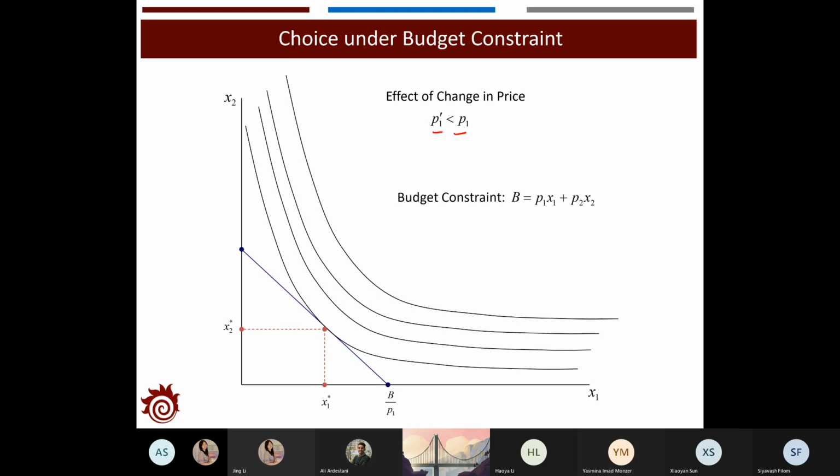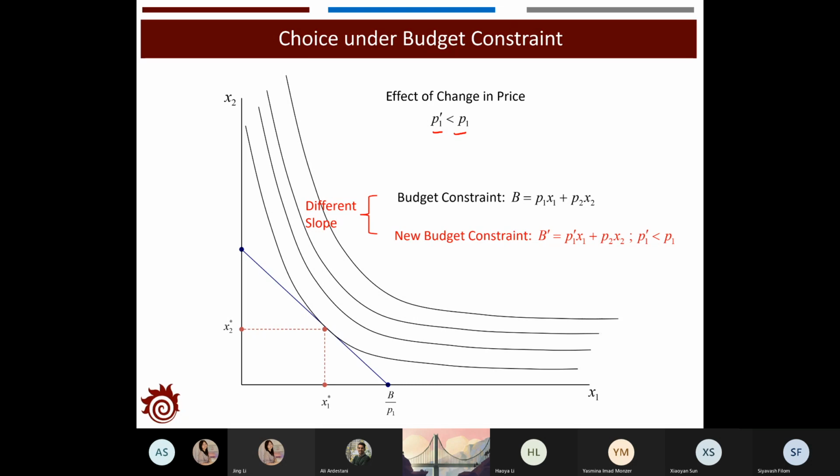Then we can see the new budget plan, the new budget constraint. If we make a comparison of the two budget constraints, you can see that the slope will be different. For the first one, the slope is minus P1 divided by P2.